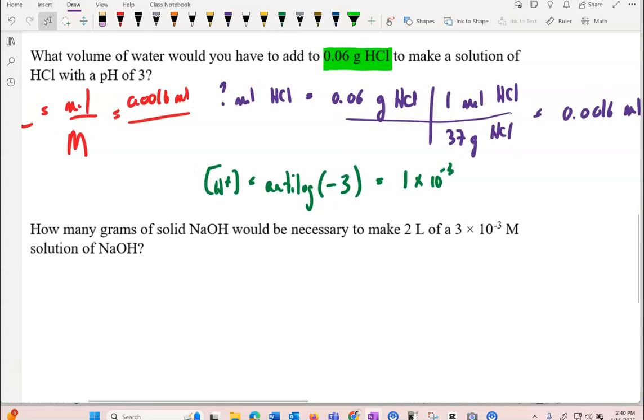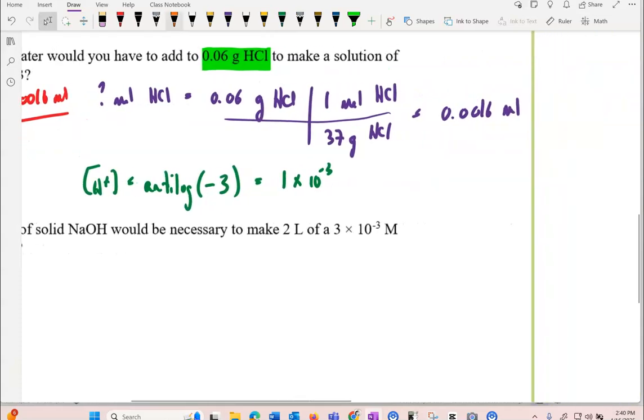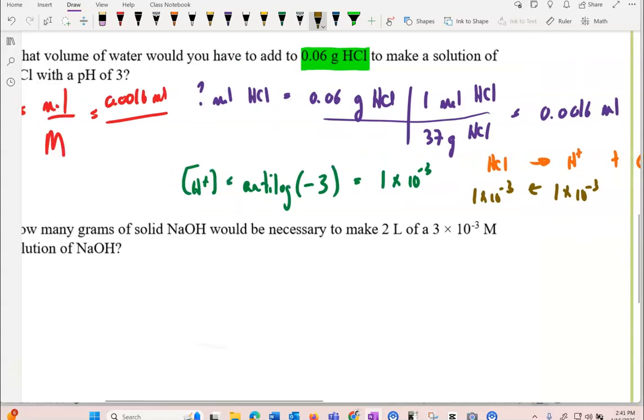And because we know we're getting this from HCl, and HCl doesn't have any coefficients or subscripts, this 1 times 10 to the negative third molar H plus is coming from 1 times 10 to the negative third molar HCl.